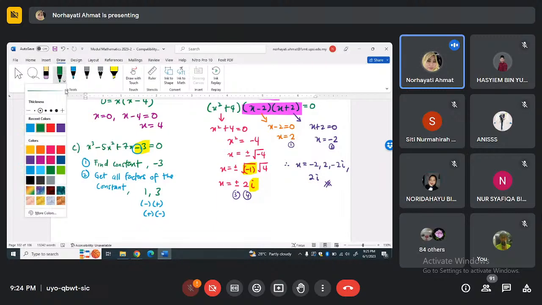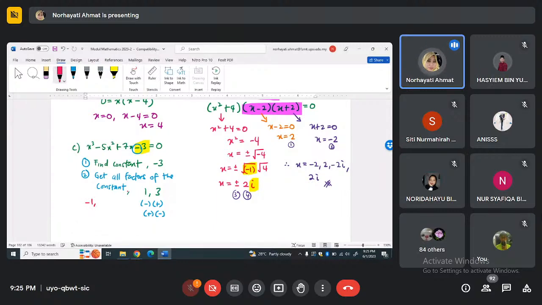Okay, we have 4 options, which are either negative 1 or 1, negative 3 or 3. Ada 4 values that can be solution to this polynomial. Faham tak kelas? So kita tahu factor of number 3 is 1 and 3.